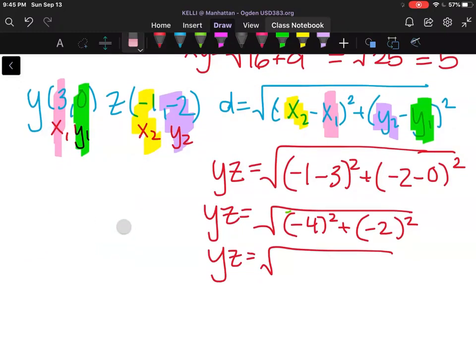So make sure that you're using parentheses if you've got a number that you can't do in your head. So -4 squared is 16, plus -2 squared is 4. So we end up with square root of 20.